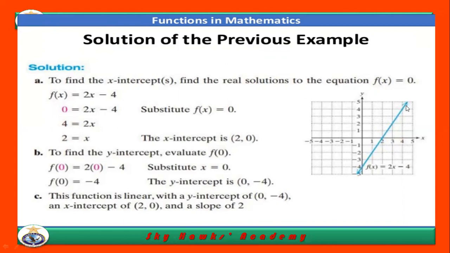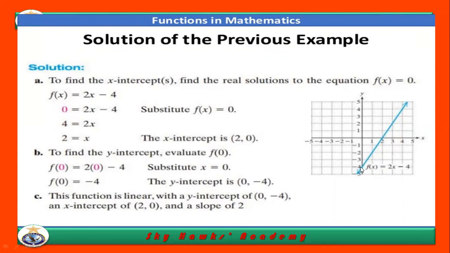So it's also an increasing function. If this type of graph is given and you are asked to find this point, it is very easy. And here, it is also crossing the y-axis, but below the origin. So it will intercept the y-axis at minus 4.